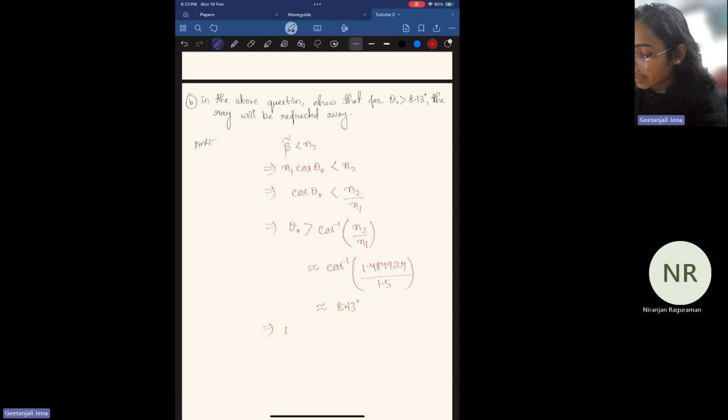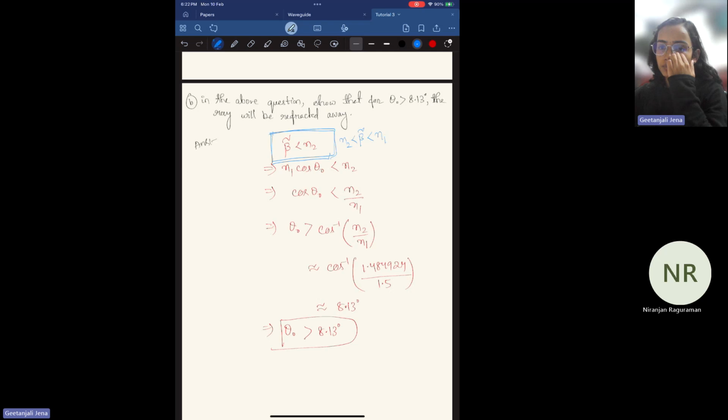So when theta 0 is greater than 8.13 degree, that ray will be refracted into the cladding. This is the condition for refraction. The condition for guidance is that beta tilde should lie between N2 and N1, and when beta tilde becomes less than N2, that ray will be refracted.